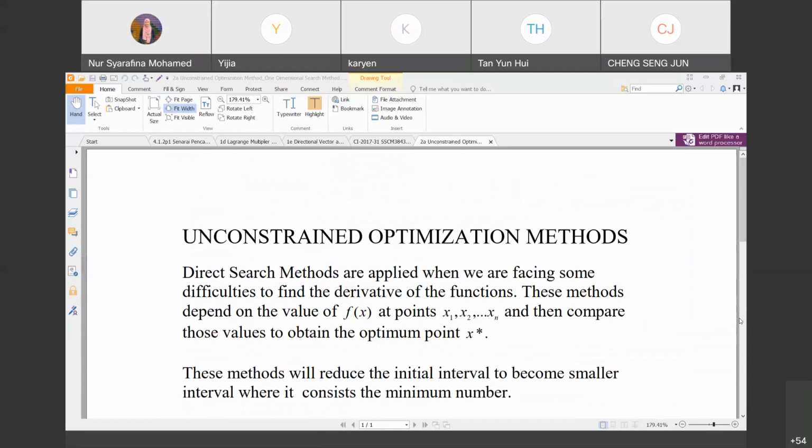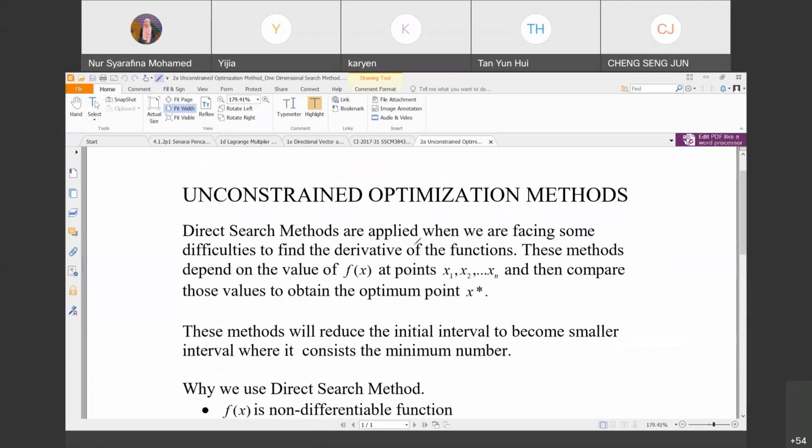Unconstrained. So we have discussed constrained, now it is unconstrained. Before this, we have constraint. We use Lagrange. What is the purpose of using Lagrange? We convert the constraint to unconstrained. Instead of having such constraint, we just combine the constraint by using the Lagrange multiplier to have one function. Remember, we have f(x) subject to g(x) = b.